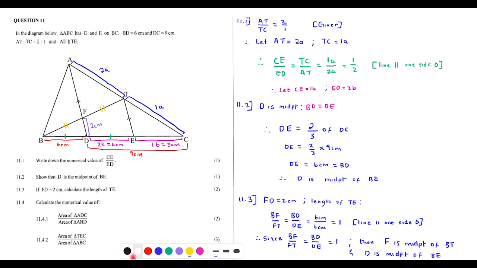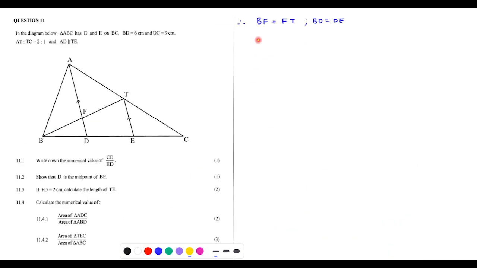So this concludes that FD is half of TE, or you can say TE is twice FD.